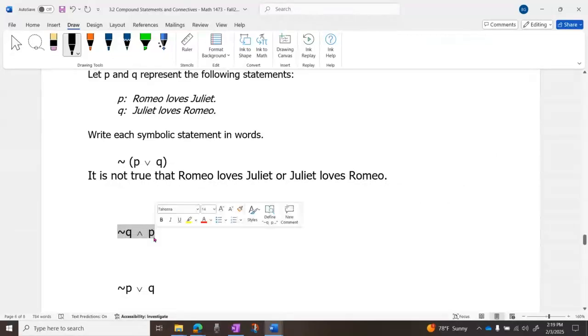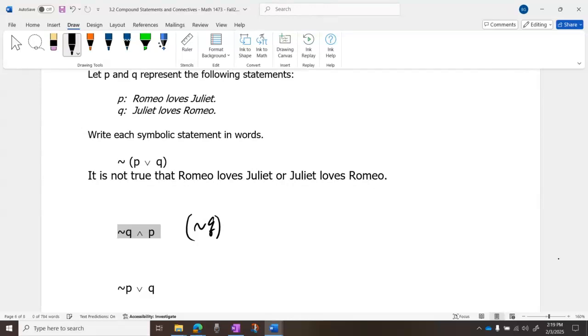In this expression, the negation only applies to Q. This negation is with Q, so I can also write this as not Q. It has nothing to do with the P. Look at the structure.